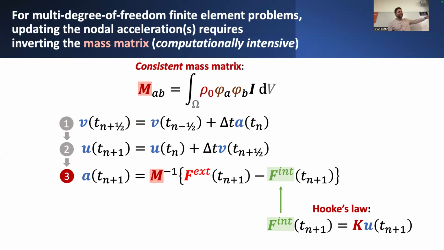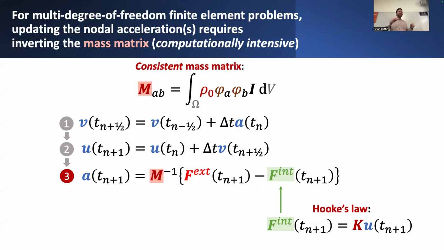In fact, I need that residual to be non-zero, f external minus f internal, in order to determine the updated accelerations at the next time step. So in fact, one of the major advantages of this explicit dynamic time integrator is that we never have to solve an implicit system of equations or a nonlinear system of equations.